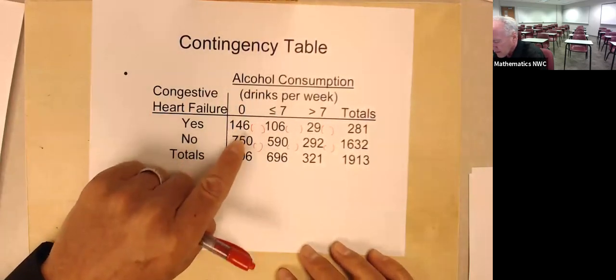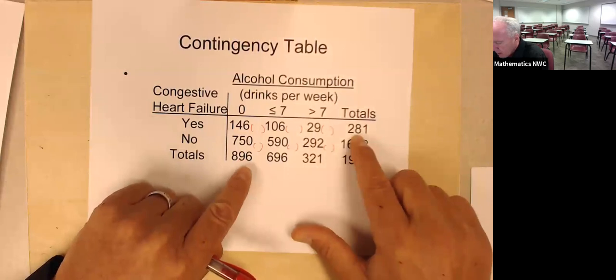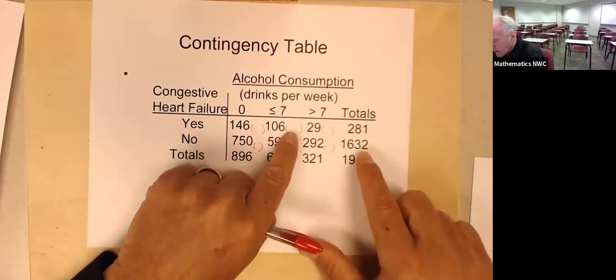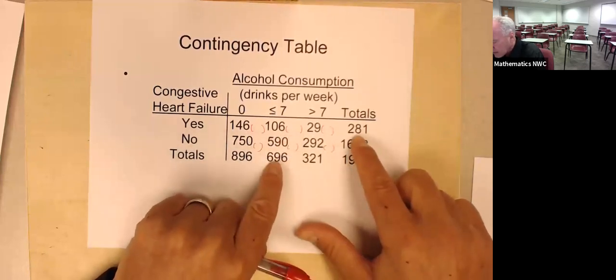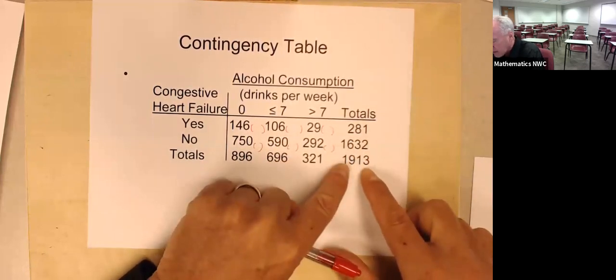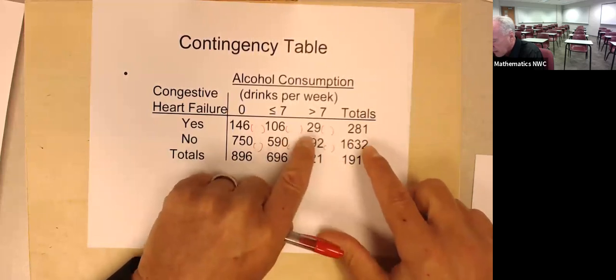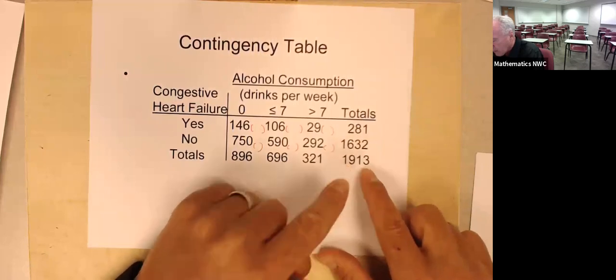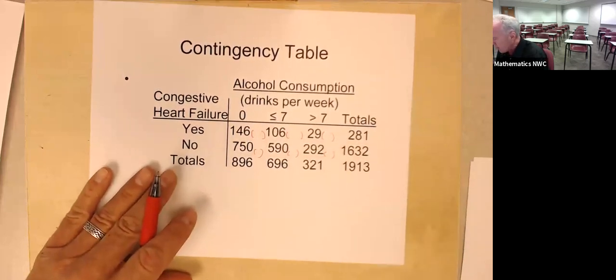This 146, it would have been 281 times 896 divided by 1913, rounded off to the nearest number. This expected count would be 281 times 696 divided by 1913, rounded off to the nearest number. This one would be 281 times 321 divided by that, rounded off to the nearest number.